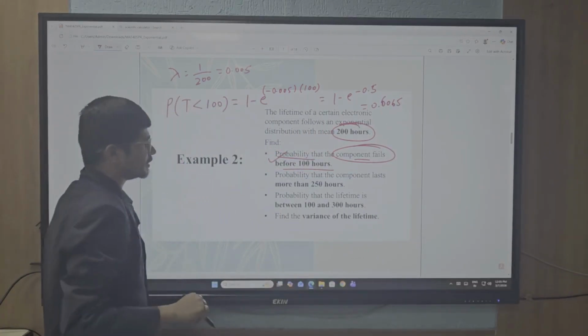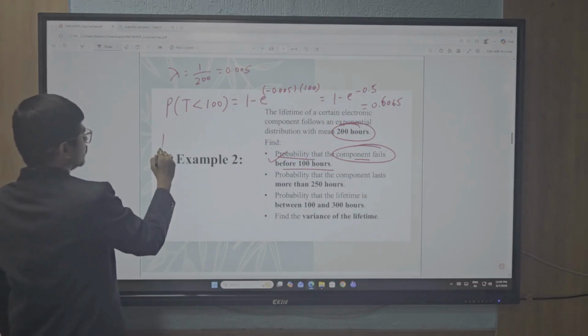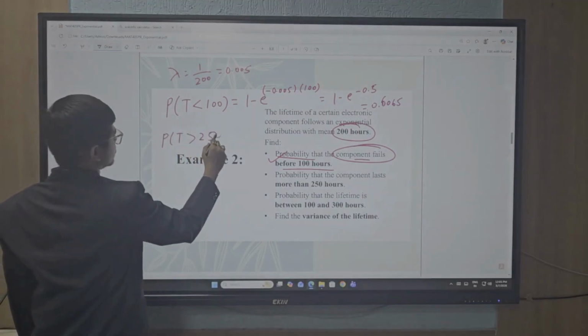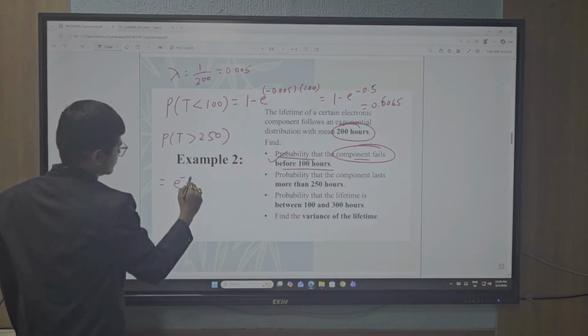Now the probability that at least, more than, means T greater than 2 is equal to.